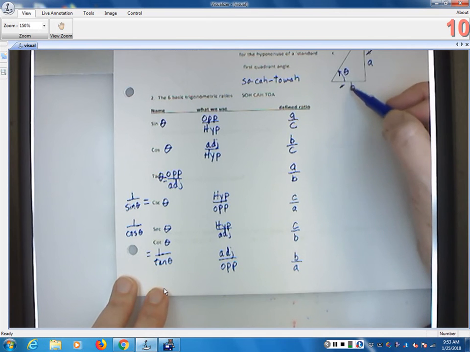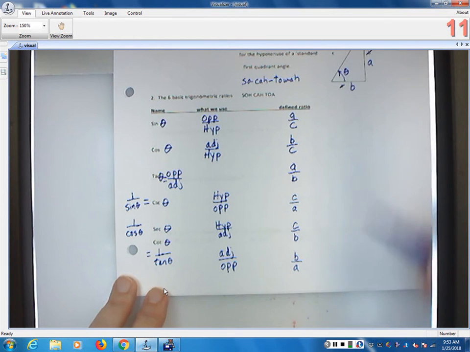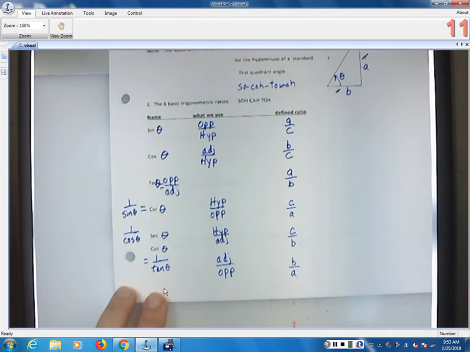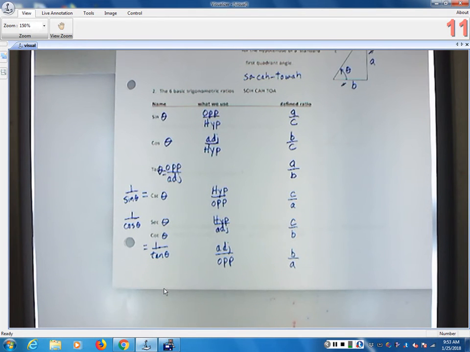Adjacent over hypotenuse is B over C. Tangent is opposite over adjacent, etc. So that's right triangles.